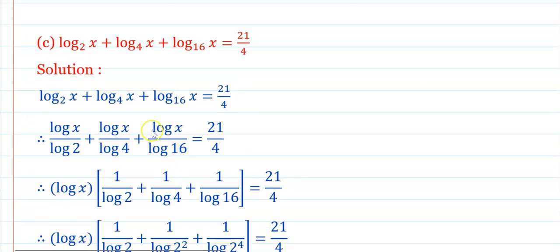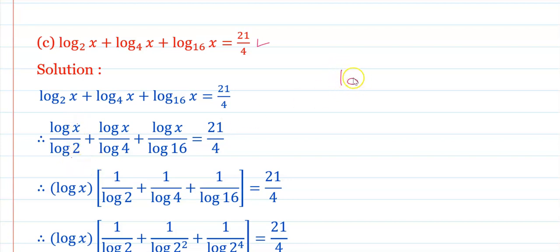Now the next, log of x to the base 2 plus log of x to the base 4 plus log of x to the base 16, and that's equal to 21 by 4. Now see this here. Log of x to the base 2 can be written using the change of base property as log of x upon log of 2.